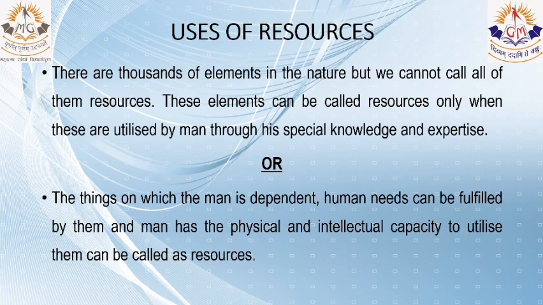There are lots and lots of elements present in nature, but we do not call all of them resources until we are able to utilize them by the special knowledge or expertise we have to convert that resource into something useful for us. Till then we cannot call it a natural resource. Or in other words, we can say the things on which man is dependent, by which human needs can be fulfilled, and which man has the physical and intellectual capacity to utilize, only they can be called resources. I think we have discussed this also.